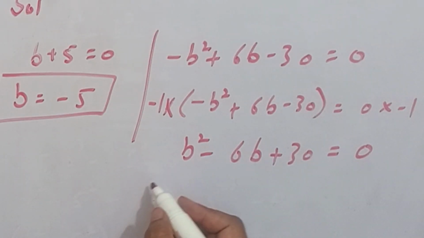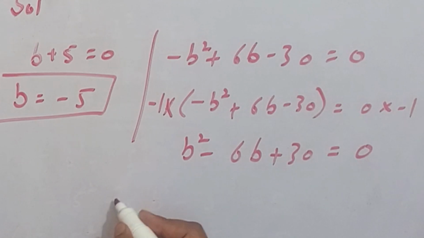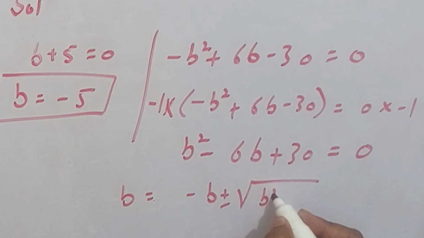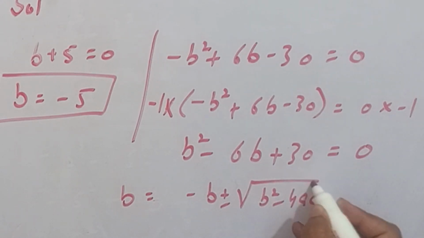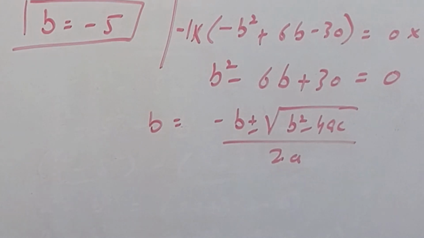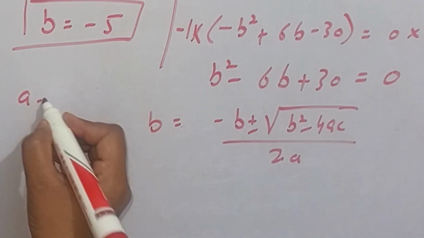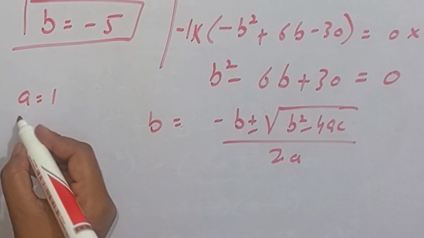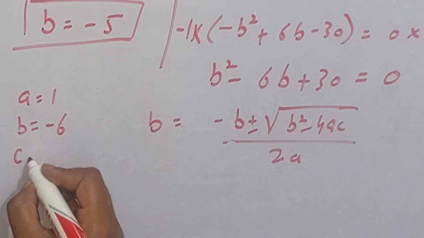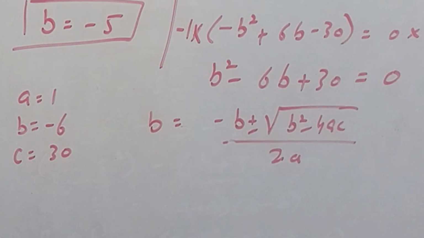For this we use the quadratic formula, which is b is equal to negative b plus minus square root b square minus 4 times ac over 2a. Now in this equation, a is the coefficient of b square, which is 1, and b is the coefficient of b, which is negative 6, and c is the constant, which is 30.